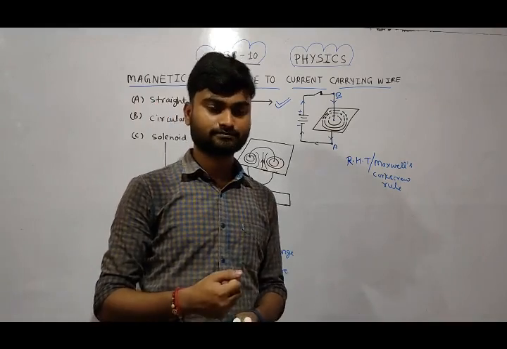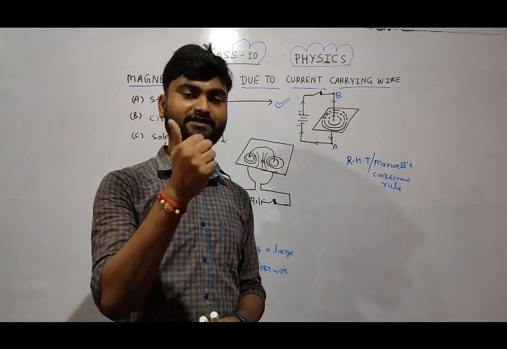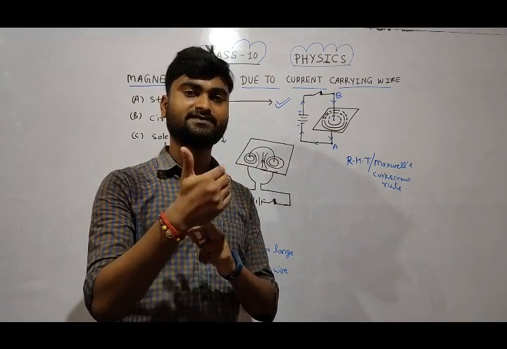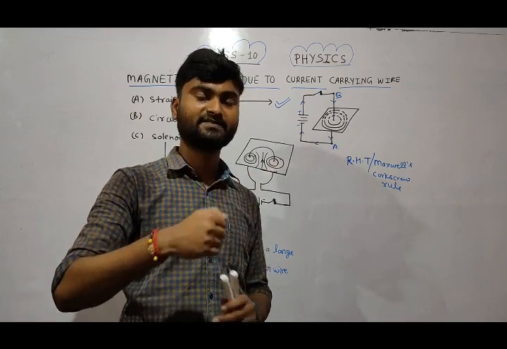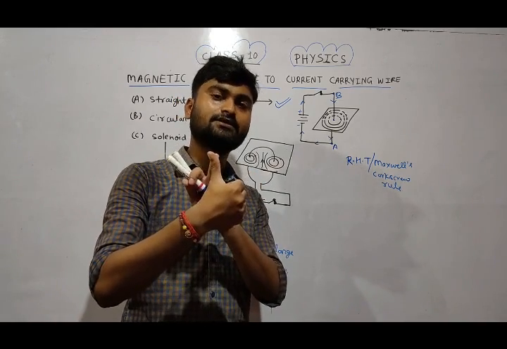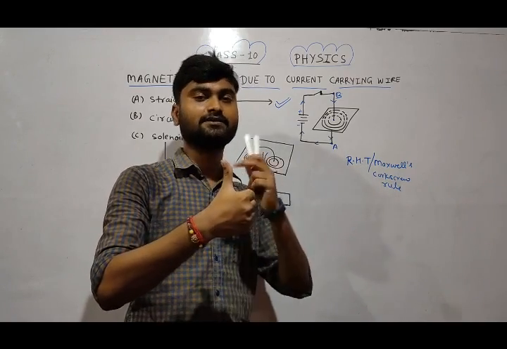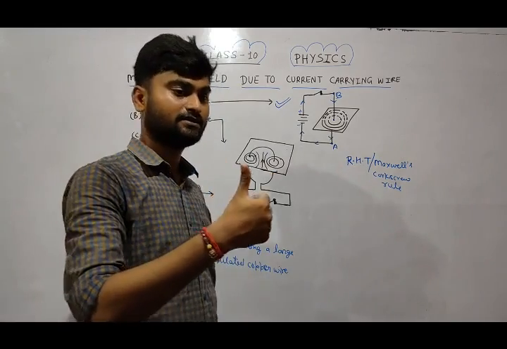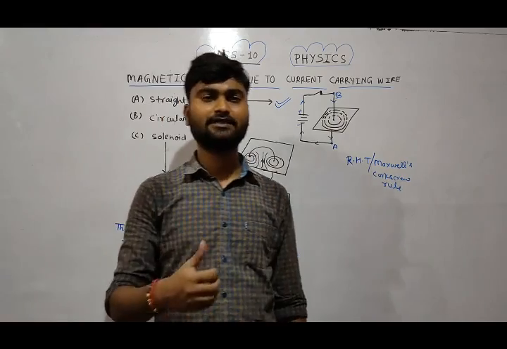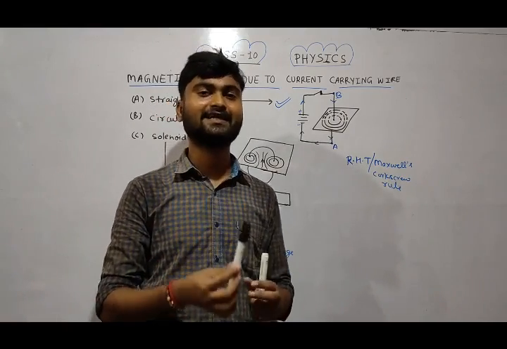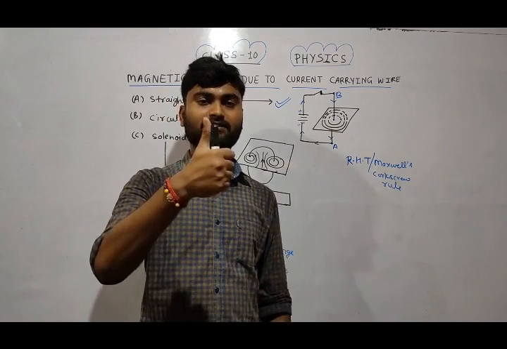Simply curl the fingers of your right hand towards the palm and keep your thumb stretched out at right angle, right? So it simply states that, imagine you are holding a current carrying wire, right, like that.